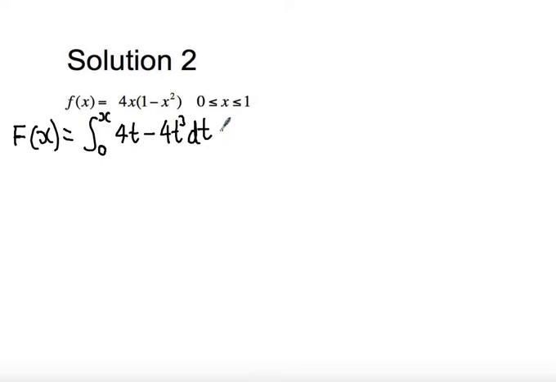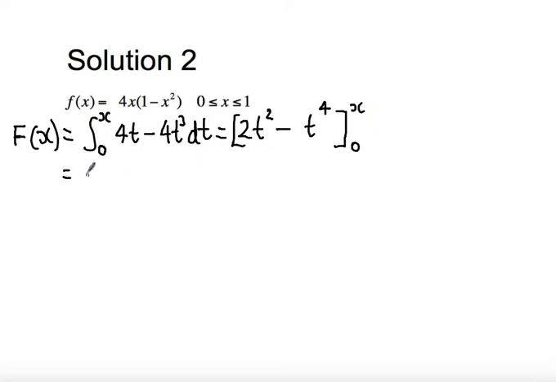And we integrate this with respect to t. Integrating t gives us t squared, and 4 divided by 2 gives me 2t squared. Minus, integrating t cubed gives me t to the power of 4, and 4 divided by 4 gives a coefficient of 1. And I'm going to evaluate this between 0 and x.